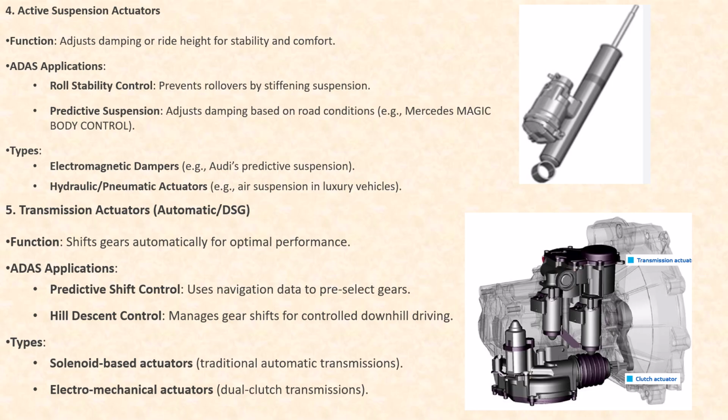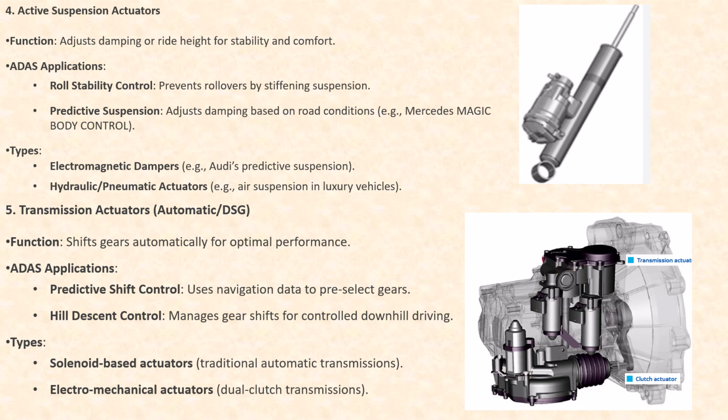Also in functionalities like anti-lock braking system and automatic emergency braking, these active suspension actuators play a very important role. Suppose there is a sudden deceleration, suddenly the vehicle comes to an abrupt halt. These active suspension actuators ensure that the discomfort faced by the passengers in the car is minimal.